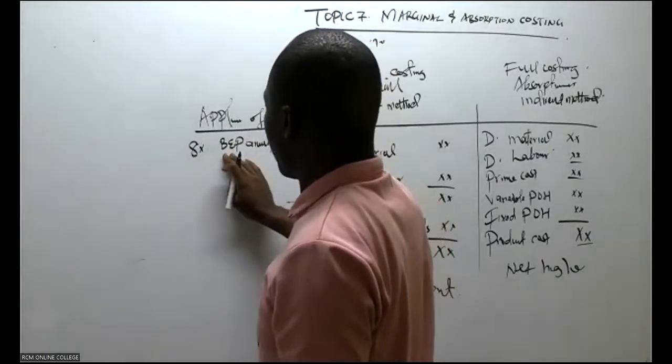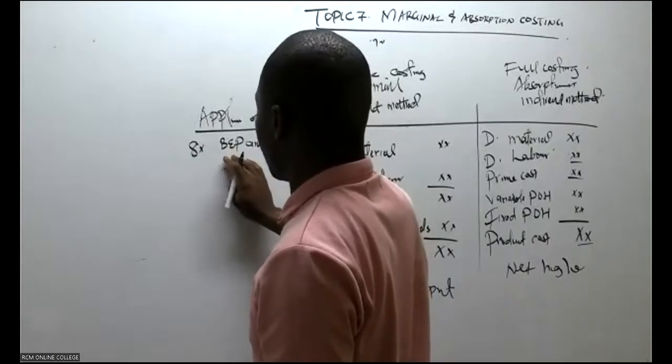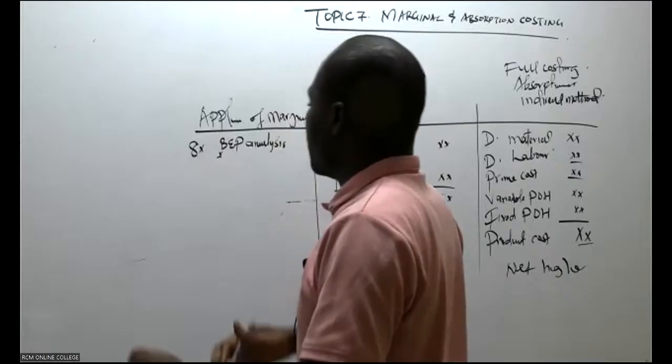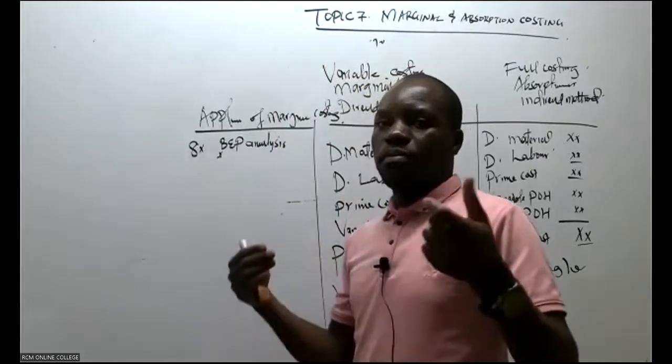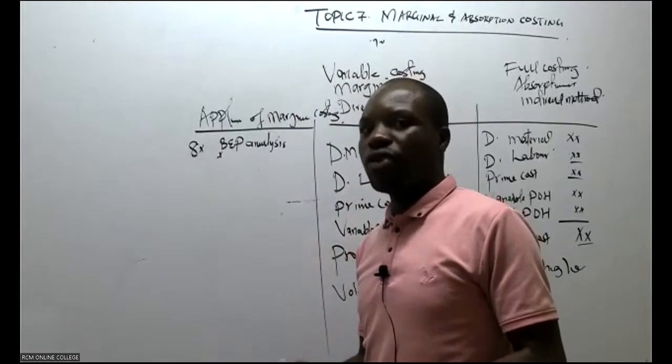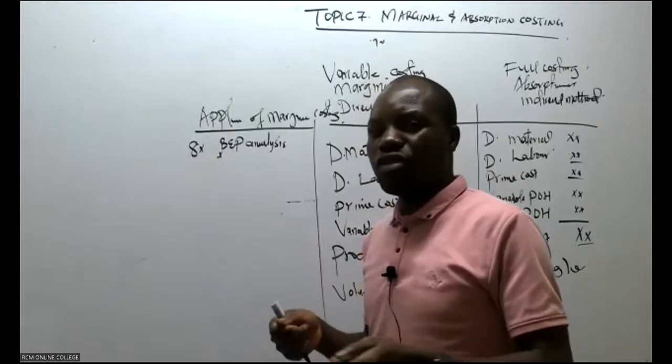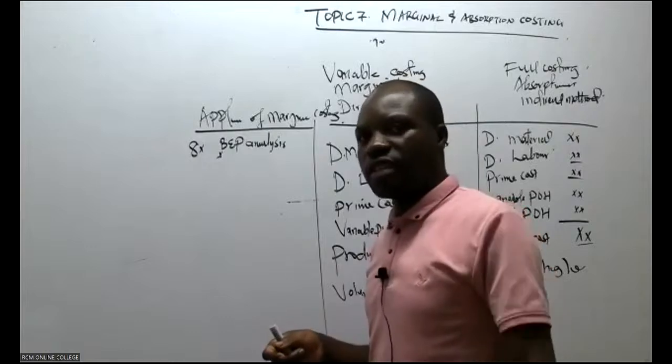Because under break-even point analysis, you're going to find that one of the assumptions is that the volume or the profit of a company or sales are dependent on the volume.